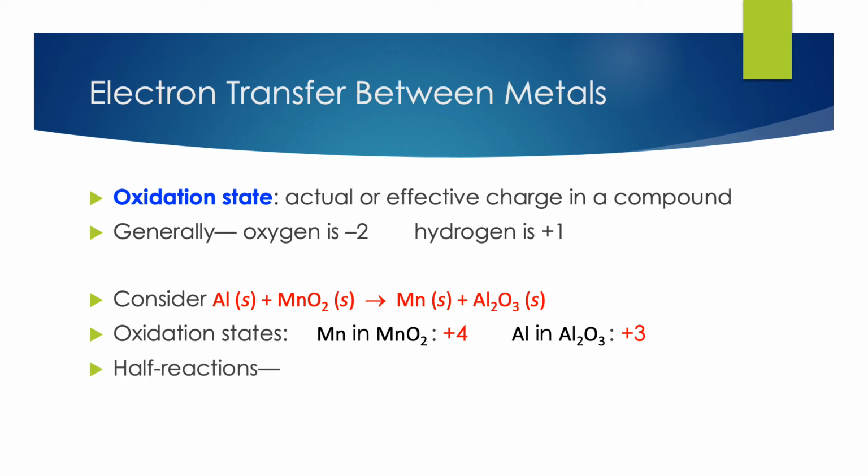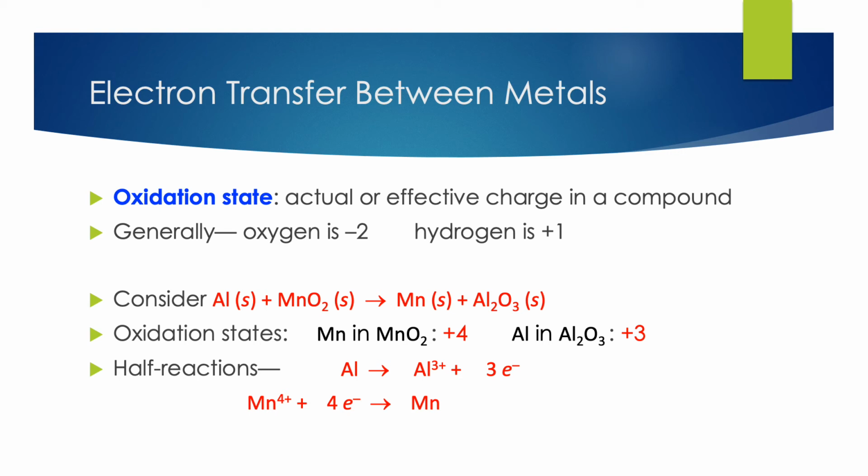So now if I were to draw the half reactions for this particular overall reaction, for the aluminum, it's going to go from aluminum, which is neutral, to the aluminum ion plus 3 electrons. And for the manganese, it's going to go from manganese in a +4 oxidation state, where I have to add 4 electrons to result in a neutral manganese on the right-hand side.